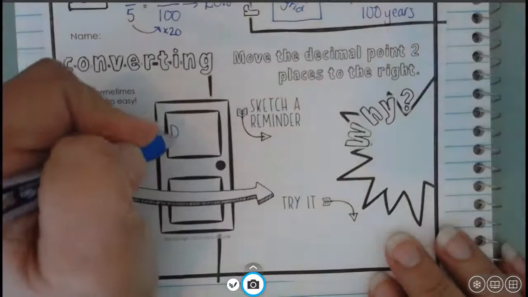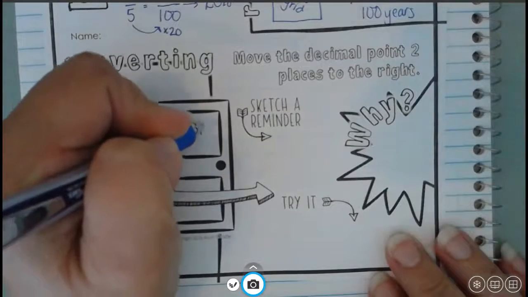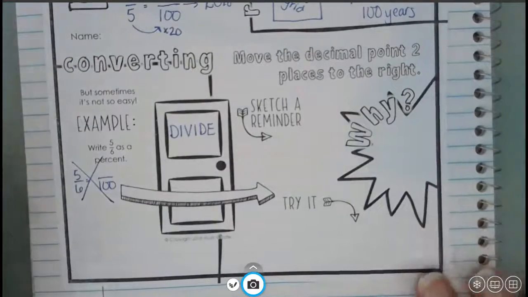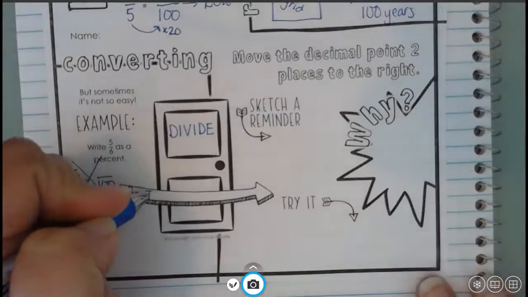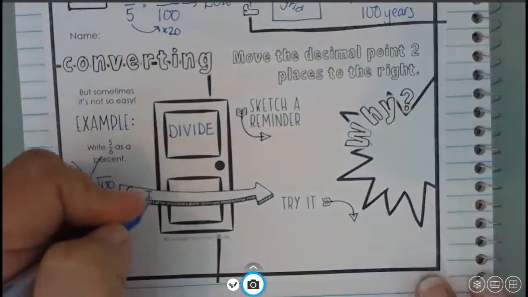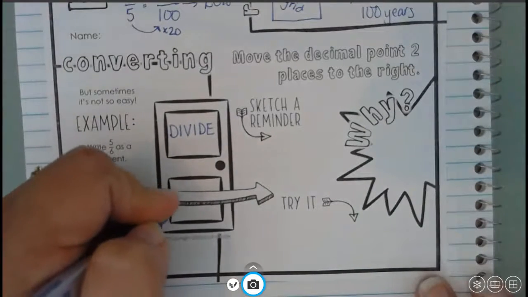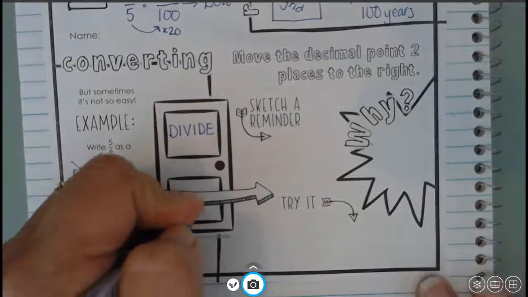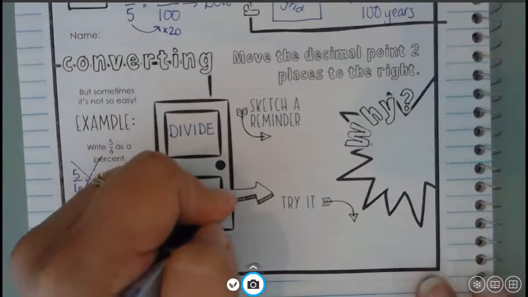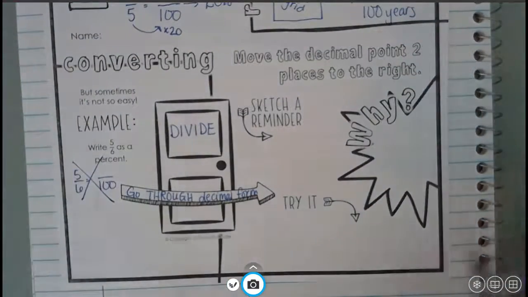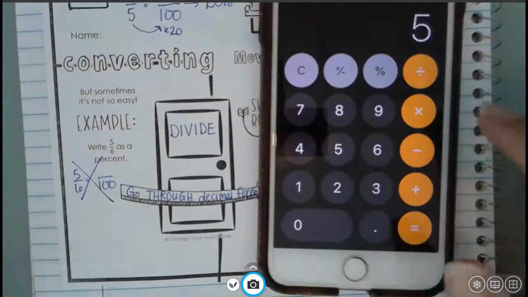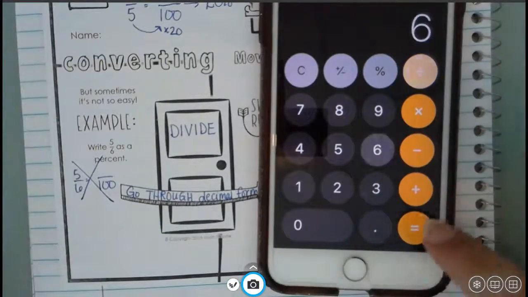And I am not afraid to tell you to use it because I know you're going to be using them when you get to high school. So it's okay, and let's practice the good methods right now. We're going to divide, and we're going to go through the decimal form. So here's my handy dandy calculator. I take 5 divided by 6.